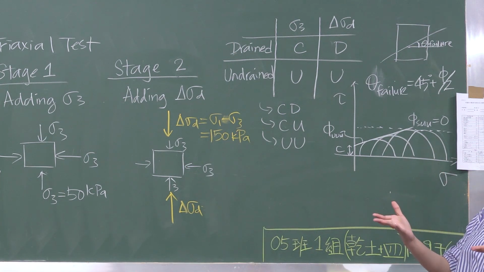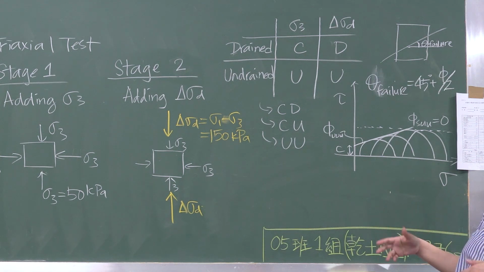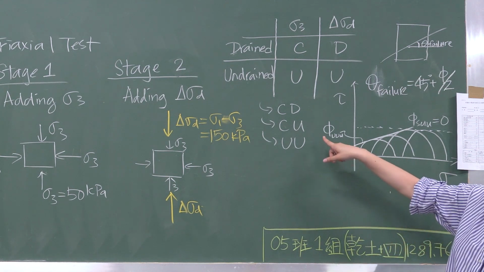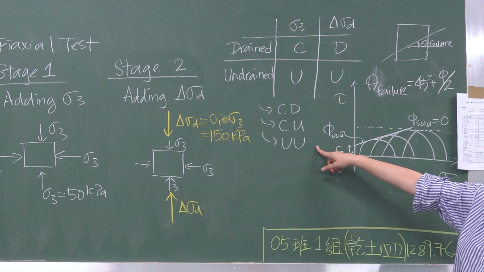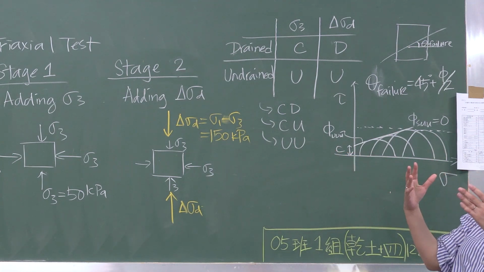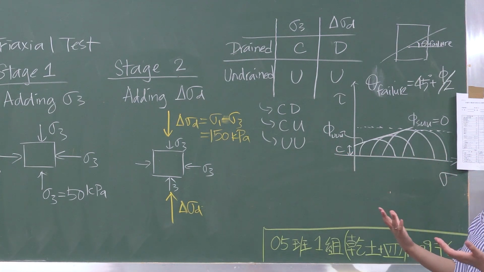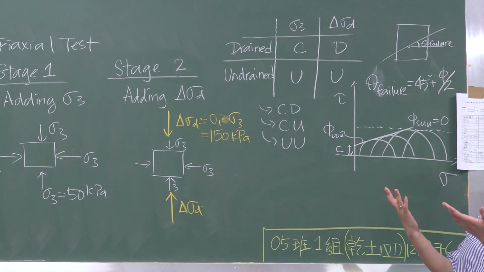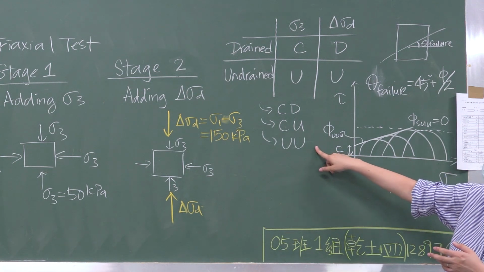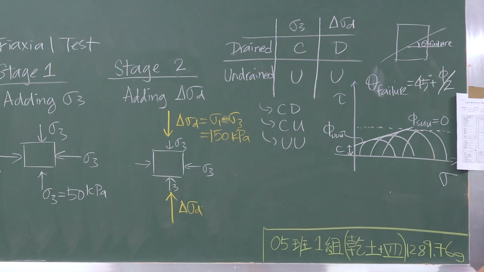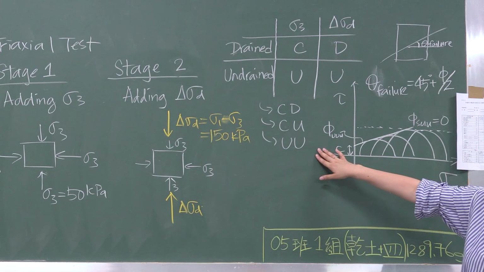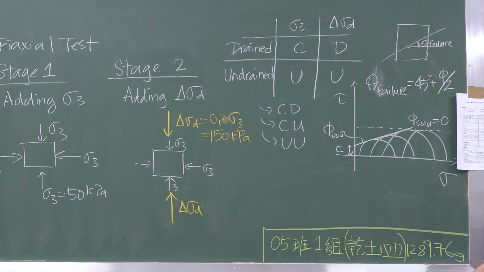So in the lab that you are going to perform today, we are going to use the UU test because it is relatively quick and relatively easy to handle for students who have no experience. In fact, what we're going to have is a special type of UU test, which is called the unsaturated, unconsolidated, undrained test.